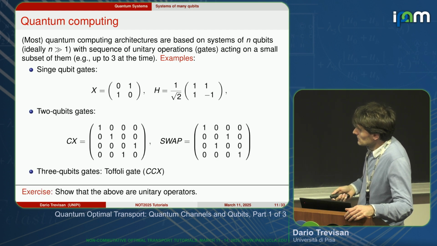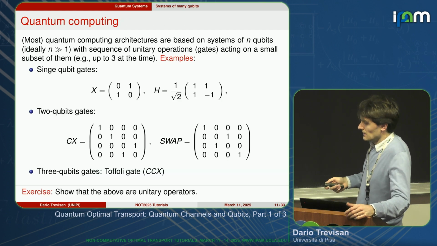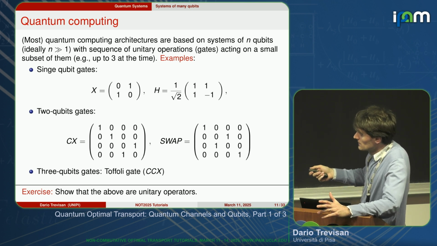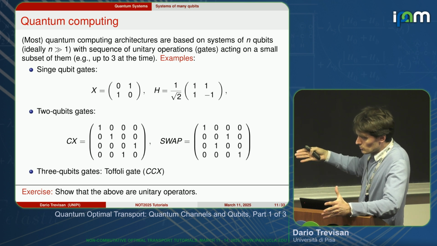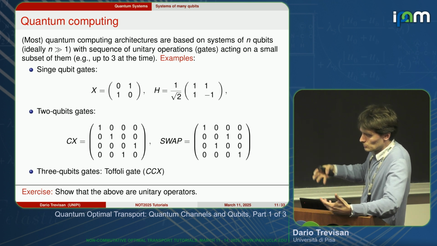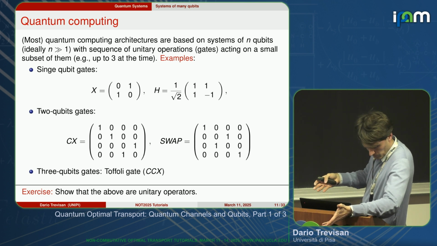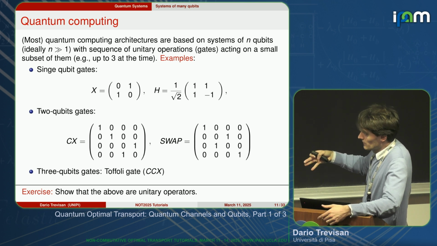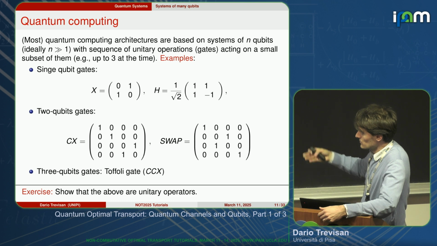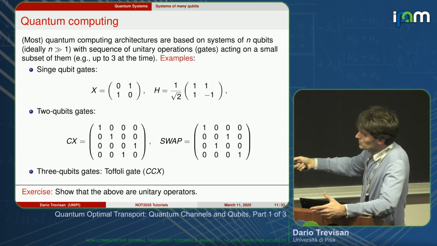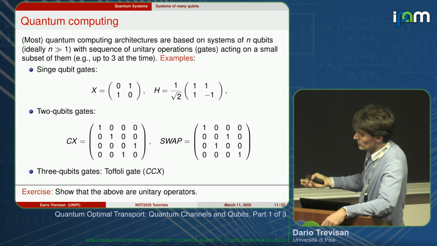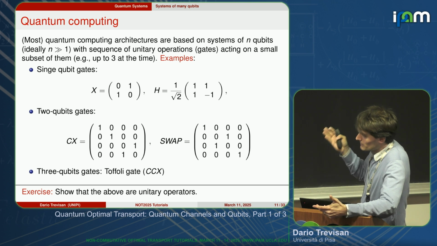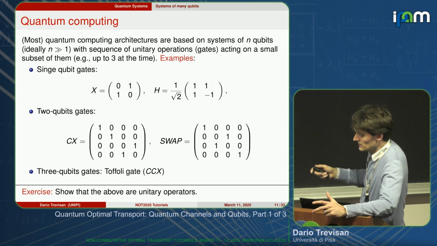Now, quantum computing. Okay, one second. So maybe I mentioned a bit of quantum computing. This is not the focus of our tutorial, but since I'm mentioning n qubits, you may ask what are the operations we can do with these qubits. Well, the natural operations are unitary operations. I will give you a bit more about the axioms of quantum mechanics, but typically in computing you have a simple restricted set of operations which apply only to a single qubit or a pair, or maybe operations which apply to 3 qubits at once.